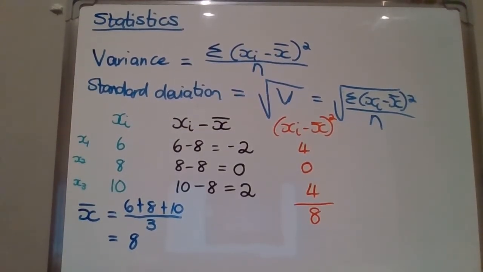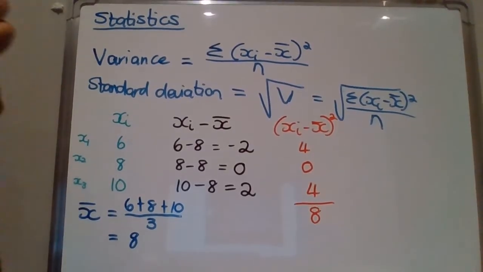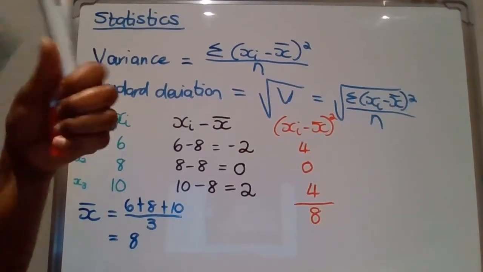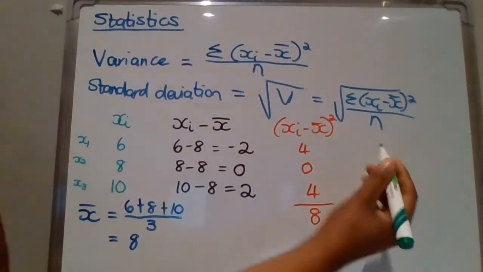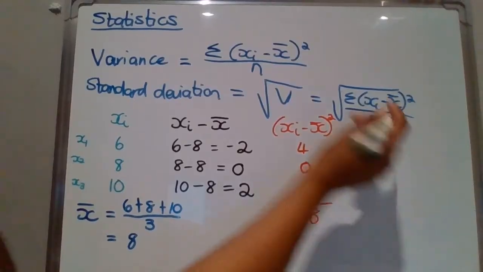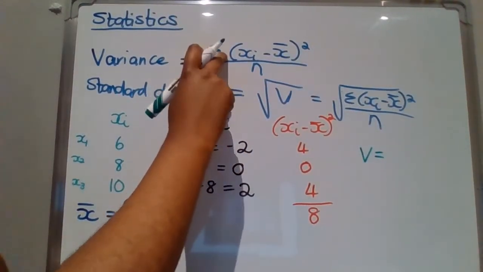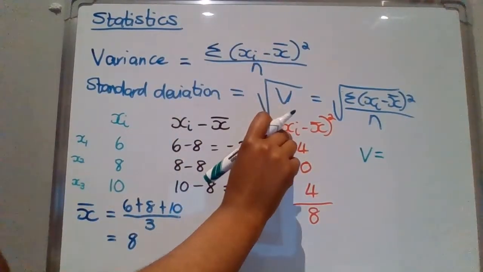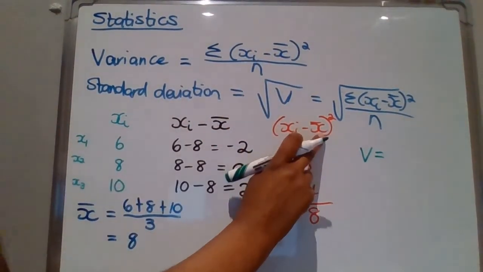So now I can substitute the values into my formula. My V is going to be the sum of the squared differences between my observations and my mean.